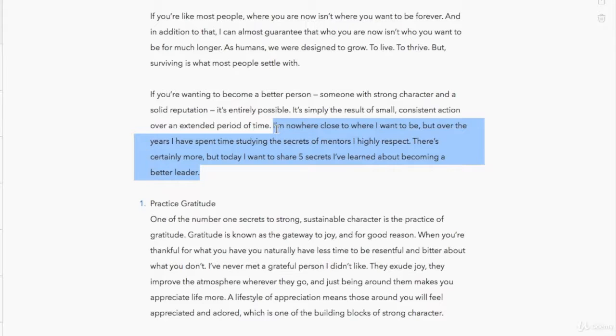I wrote these last 2 sentences of this paragraph very intentionally. I wanted the reader to know exactly what they were going to get by reading the rest of this article. The last couple of sentences in your nutshell paragraph where you make this transition, it's very important that you're clear and intriguing so that your reader will know what they're getting into and will buy in and actually read the rest of your article.